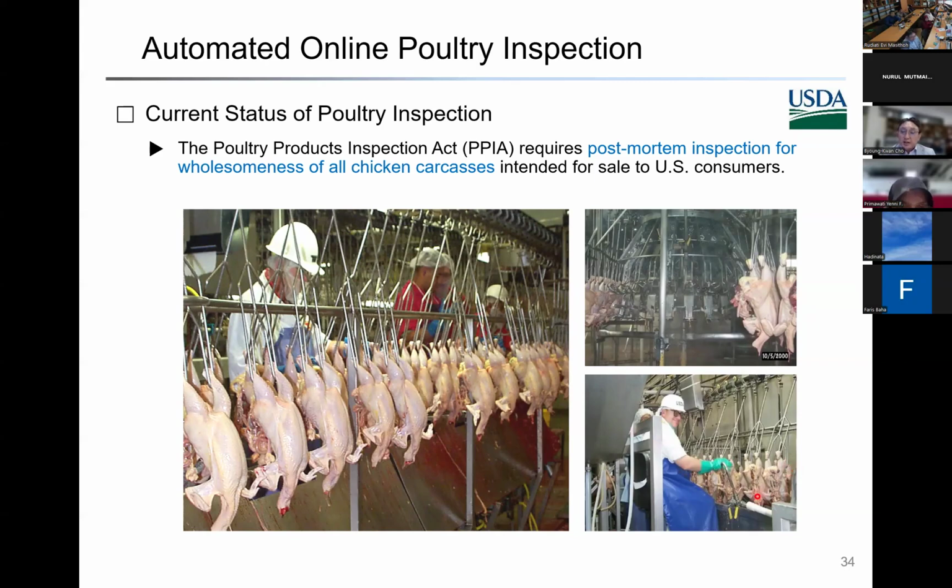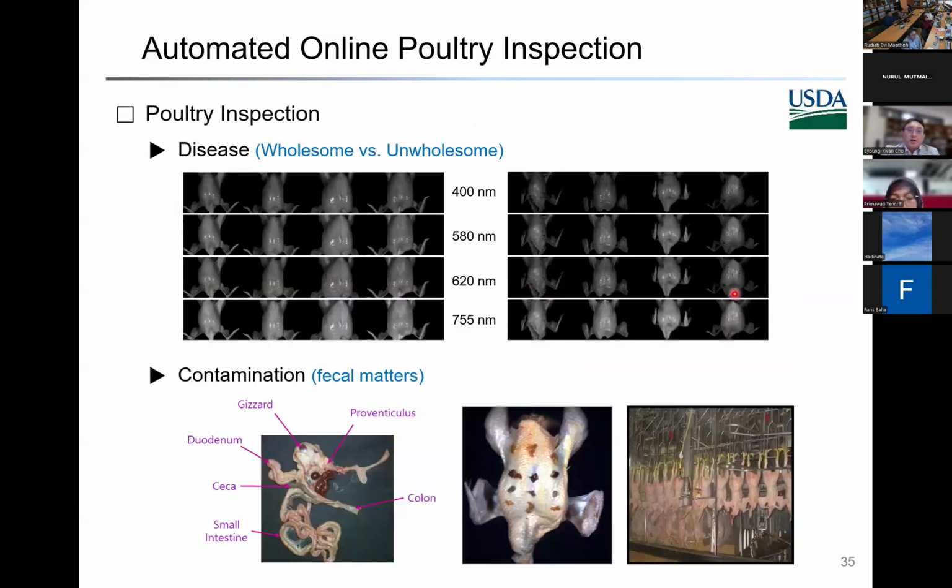These guys look at those chickens. There are some abnormal chickens. It's very tedious, right? It's very difficult to identify small abnormal areas by human eyes, right? That's why USDA wanted to develop an automated inspection system.